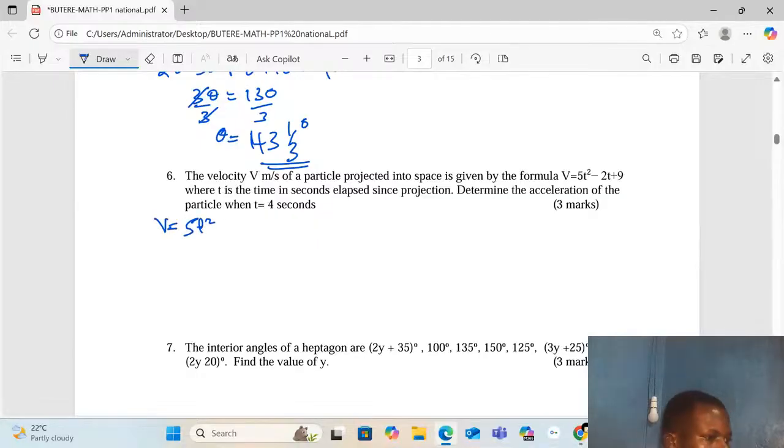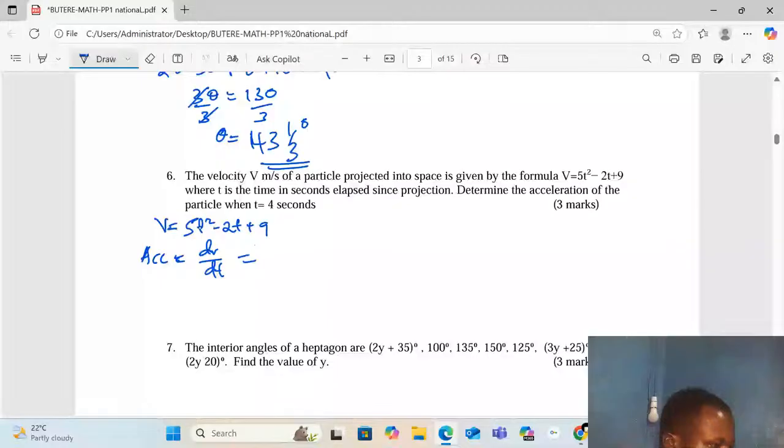5t squared minus 2t plus 9. Now acceleration will be equal to dv/dt. So we get dv/dt of 5t squared plus that one.